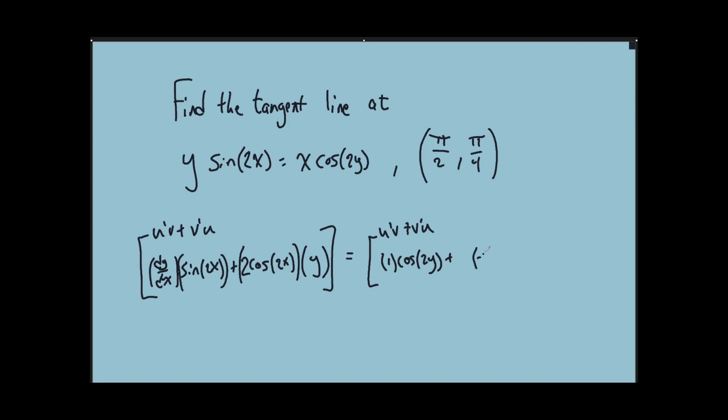Well, it's going to be a negative sine of 2y. And then chain rule, so it'd be 2 times that. And then x is going to be over here. And before I put the x in there, let's not forget the chain rule, because it's going to be a dy dx here also. Then it's times u, like that.